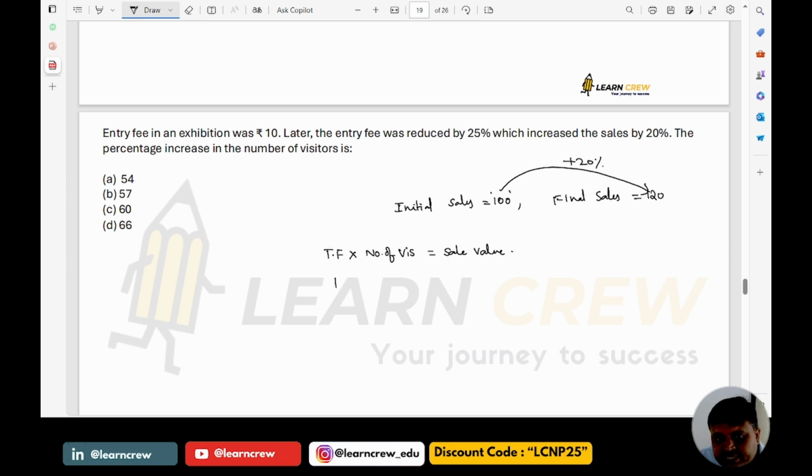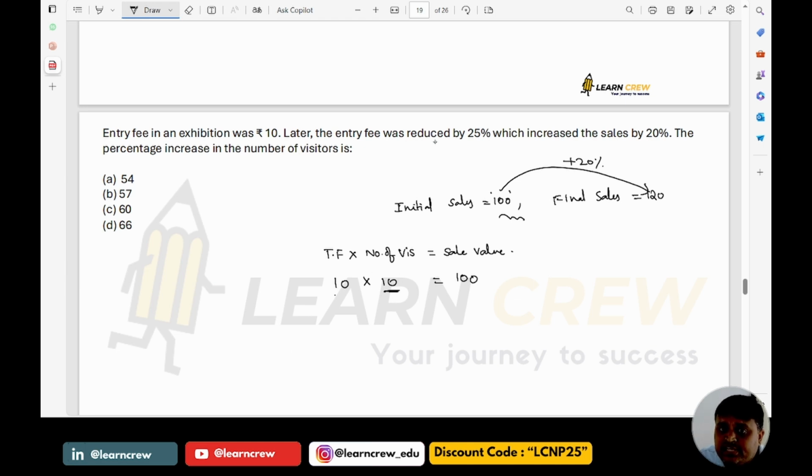Each entry fare is 10 rupees. Total sale I have taken as 100. So number of visitors has to be 10, since 10 into 10 is 100. So initially I have 10 visitors.